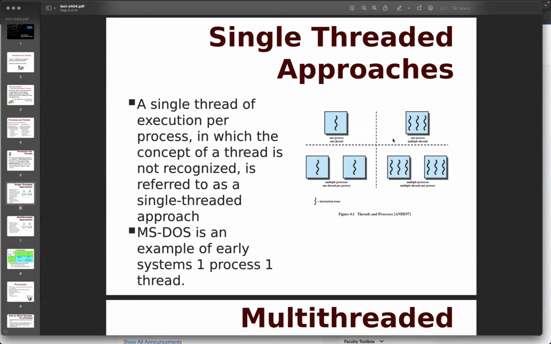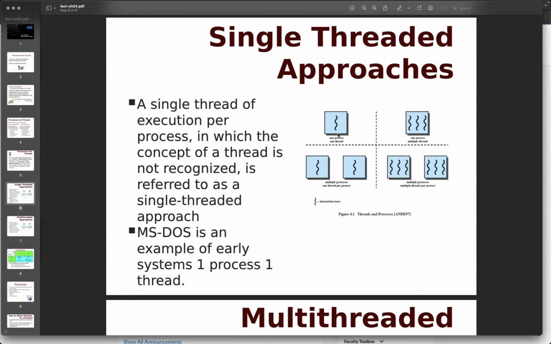We treat the process as one box; it can be a program, or sometimes the application itself can be a process. Inside it, one process and one thread means we need to load it onto one CPU.